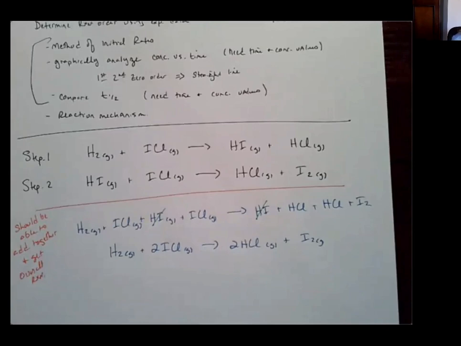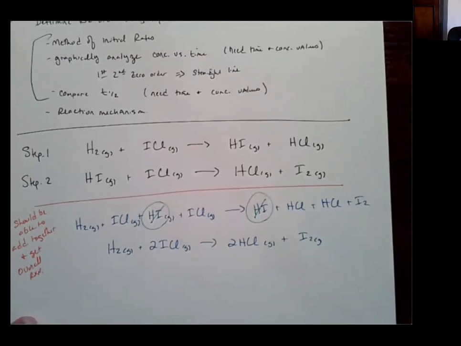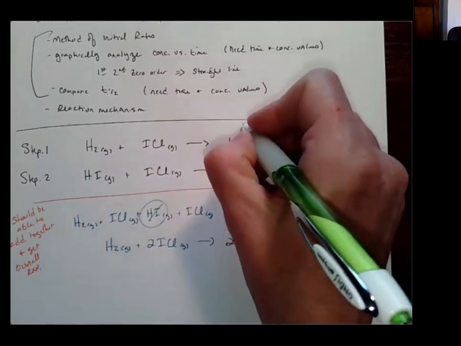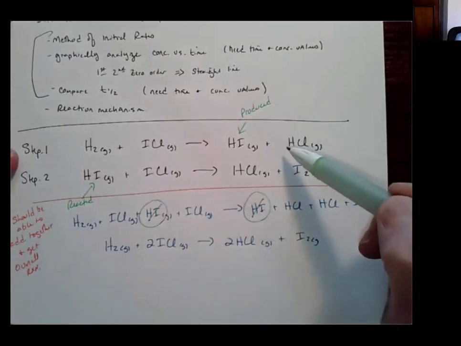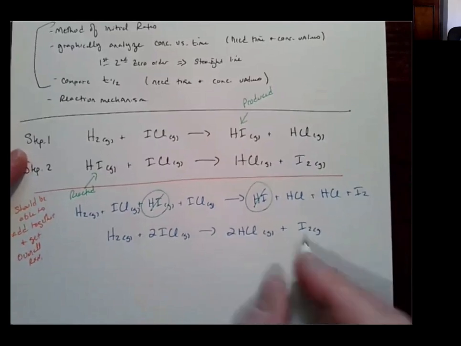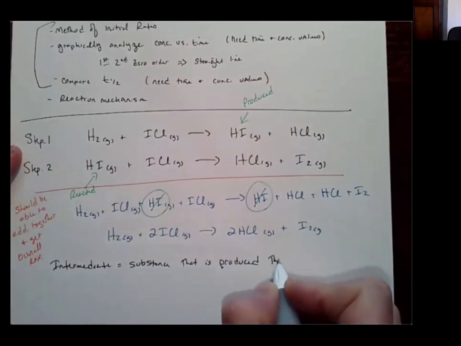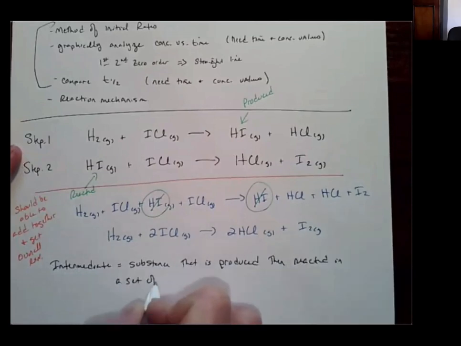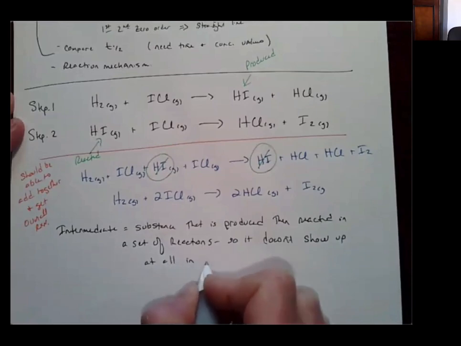So let's define what's happening here. HI, I was able to cancel out because it's produced here and then it's used up here. So it's produced in the first step and reacted in the second step. That makes it an intermediate. This is going to be a substance that is produced, then reacted in a set of reactions. So it doesn't show up at all in the overall reaction.